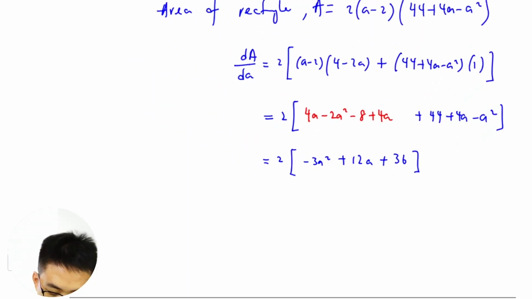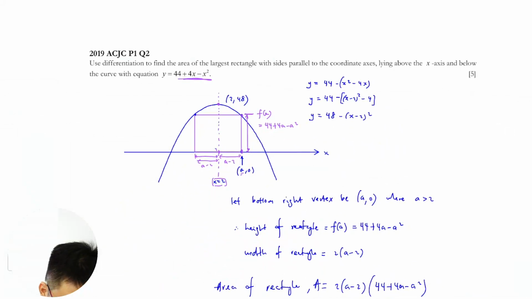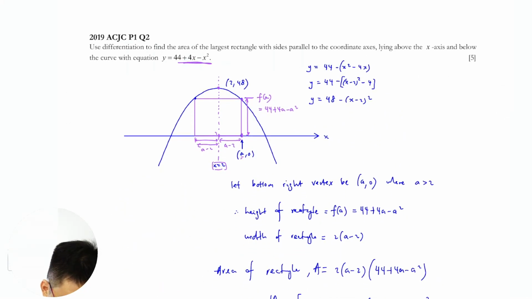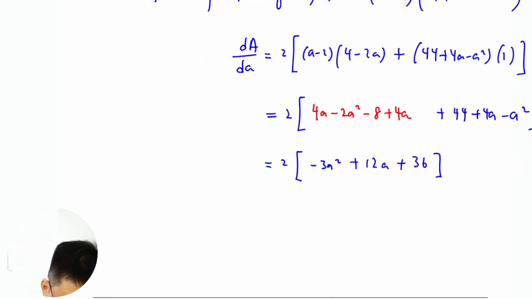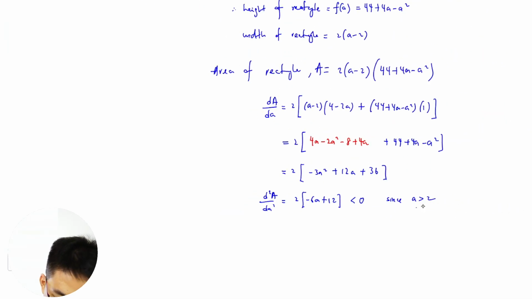Okay, great. So now do you need to show it's maximum? Largest, so I can just take the second derivative, d squared A over da squared, which is minus 6a plus 12. So this would be less than 0, since a is bigger than 2. Okay, a is bigger than 2, right?